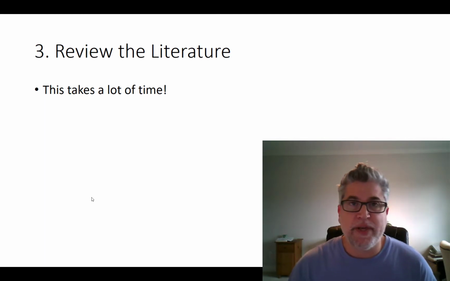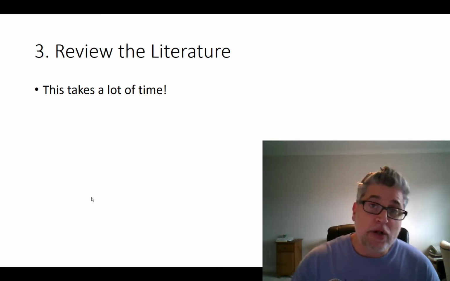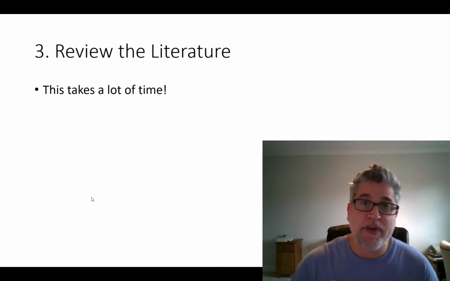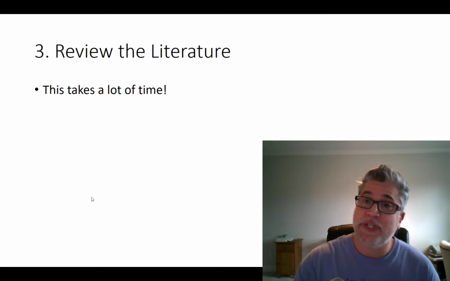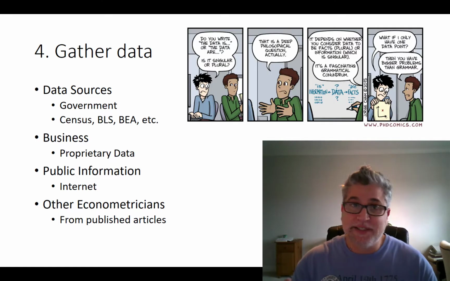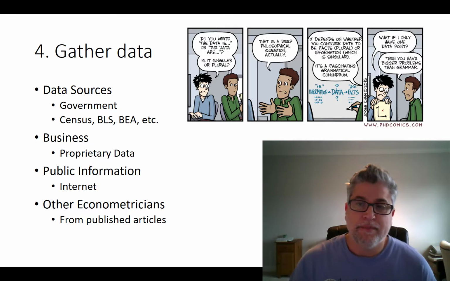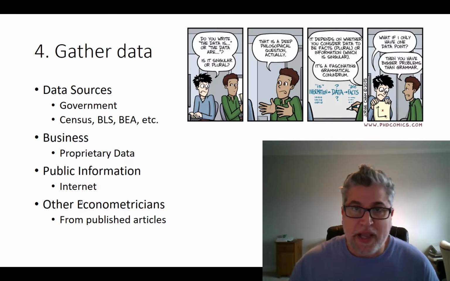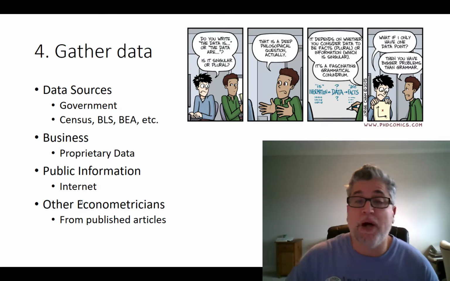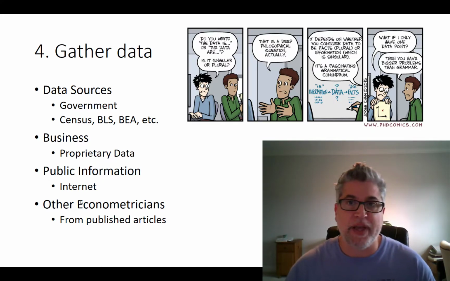You should always be reading the relevant scientific literature to know what's interesting and to stay up on things. It also helps you, though, in figuring out not just what the interesting research questions are, it also helps you to find data. So all those X's that you said were relevant, you got to find data for that. Right? So here's that last bullet point where I say other published articles. Whenever you're reading a research paper, they'll tell you where they got their data.